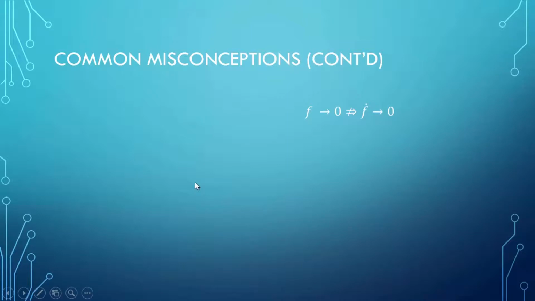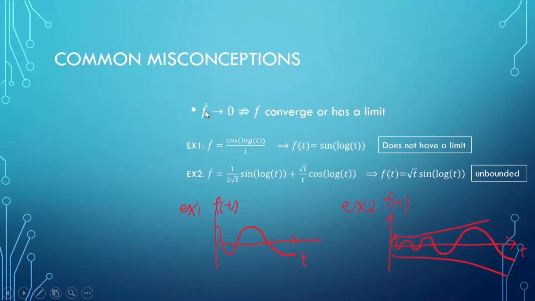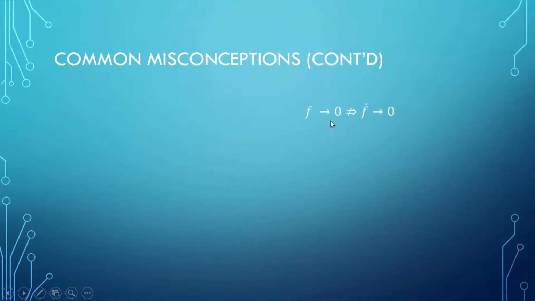And the second misconception is the reverse. The previous one was f dot approaching 0. Now, f approaching 0 doesn't imply f dot will approach 0. 能懂吗？当你 f 趋近于零的时候，f dot 不一定是0。Again, sine or cosine function.